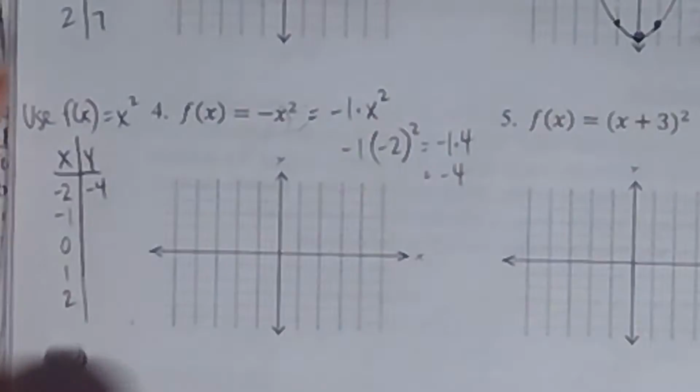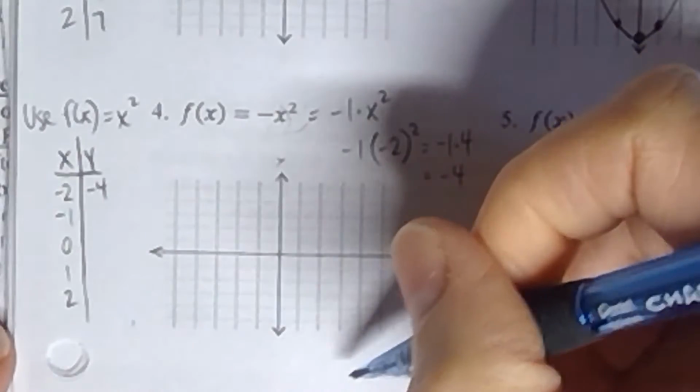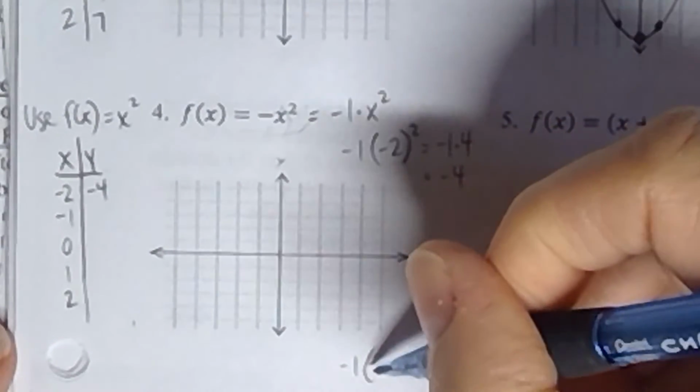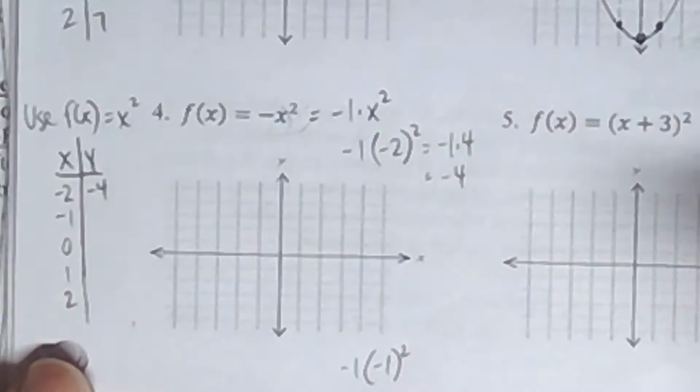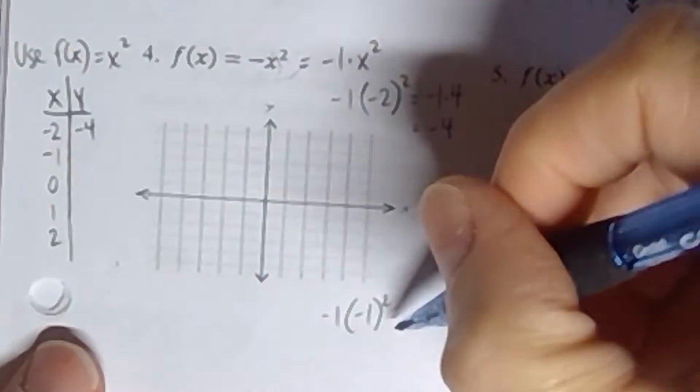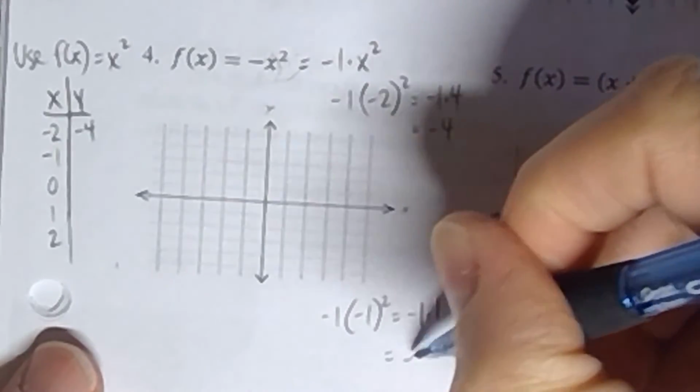We do the same thing with all of the other numbers. Next, negative 1 times negative 1 squared gives me negative 1 times 1, which is negative 1.